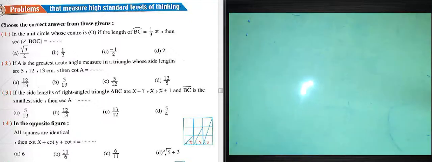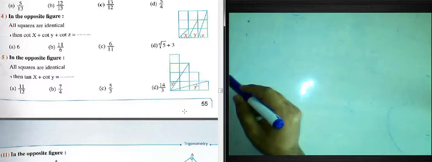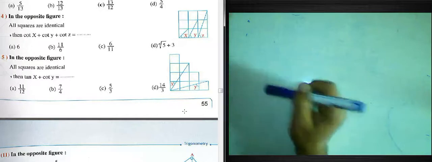Question number 4. Look with me at this example. In the opposite figure, all squares are identical, and then find cotan x plus cotan y plus cotan z. Look with me here.